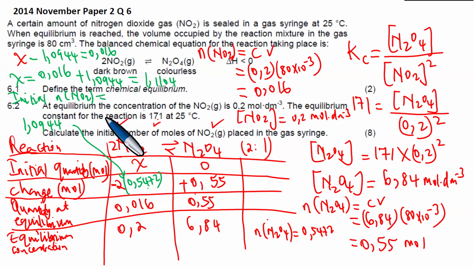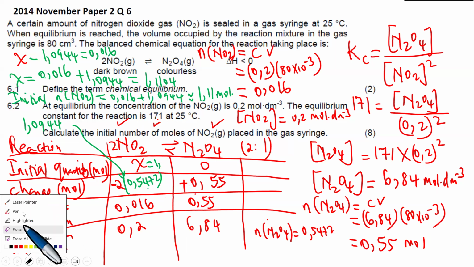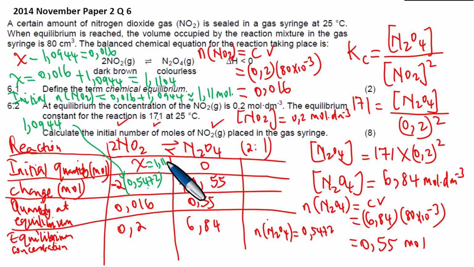And this one here, we can see it is 0,016 plus 1,0944, which is approximately 1.11 moles. So what is the X? It's 1,11 mole. Normally we put X for the changes, but this time around we put X somewhere else, just in the beginning.